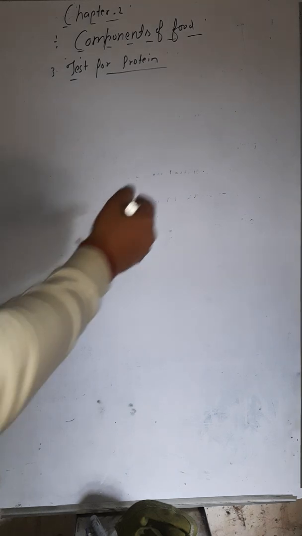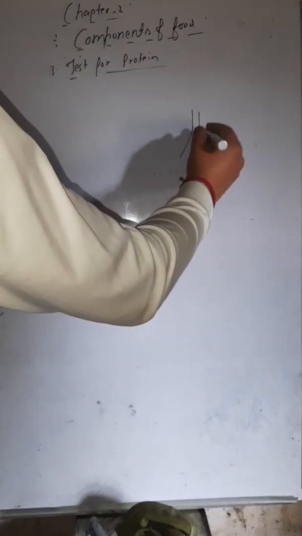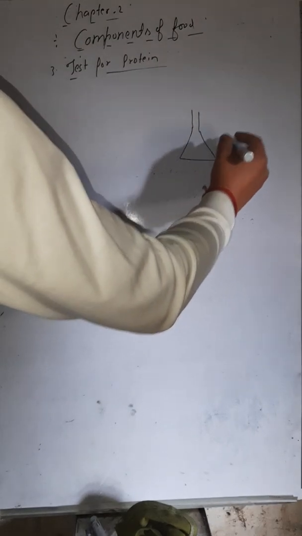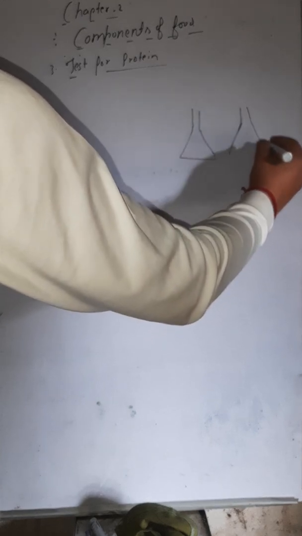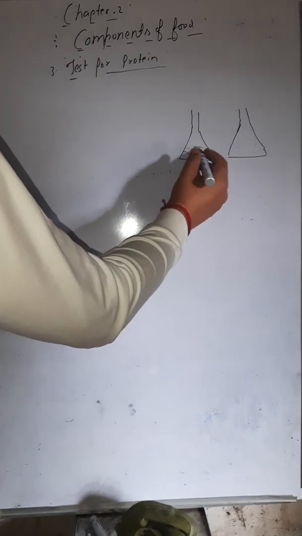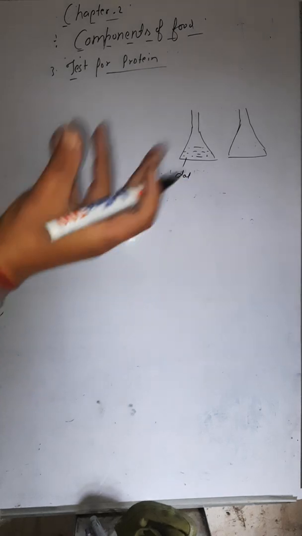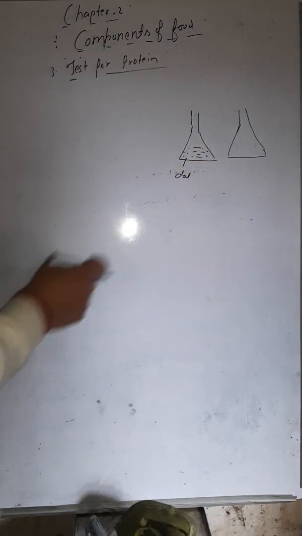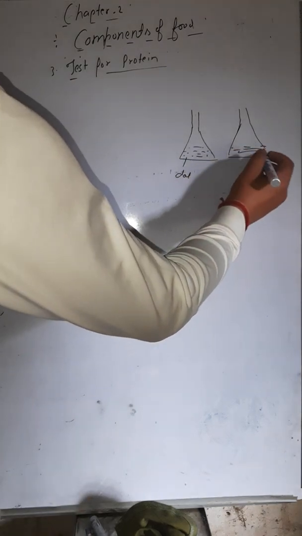Suppose I have two flasks. In this flask I have a solution of dal, like chana dal, and here I have a solution of milk.